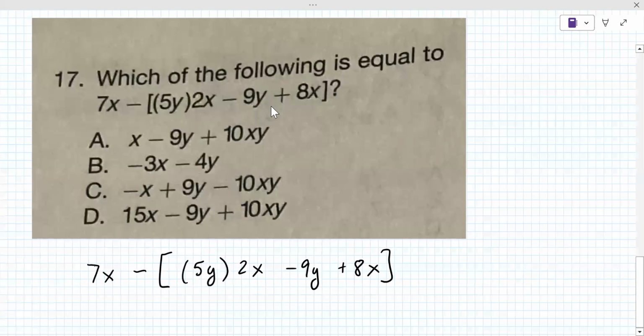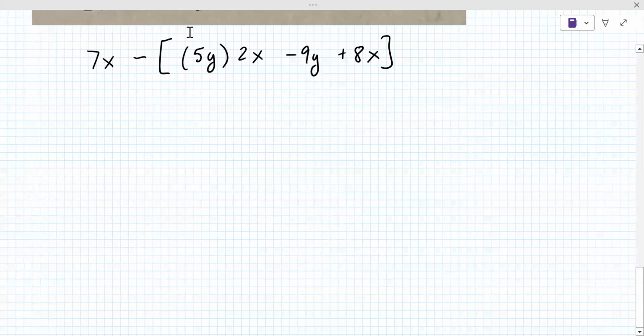Okay. So your focus should be in parentheses. Within parentheses here, you have multiplication, subtraction, and addition. Order of operations: you multiply and divide before adding and subtracting. So we can multiply these here.